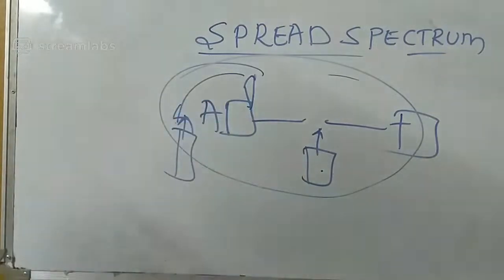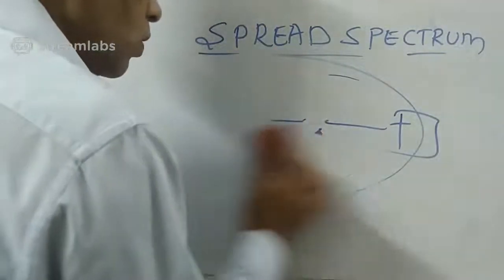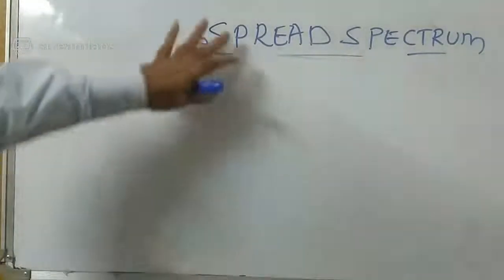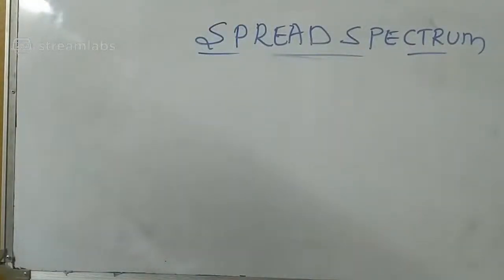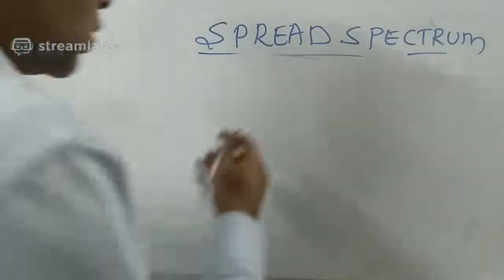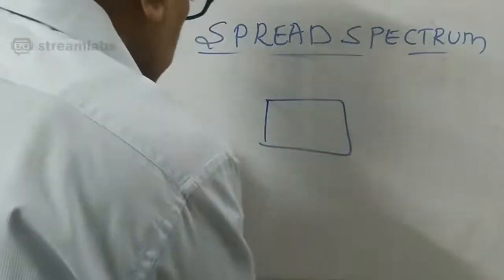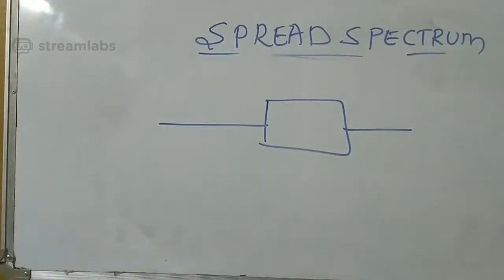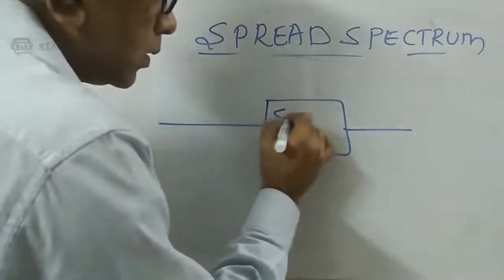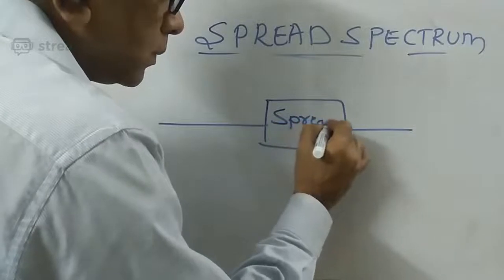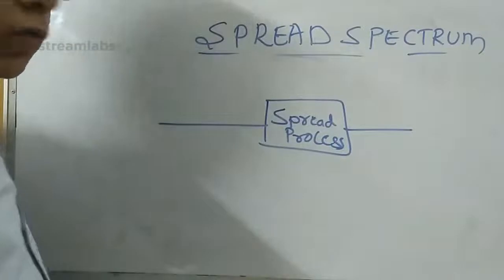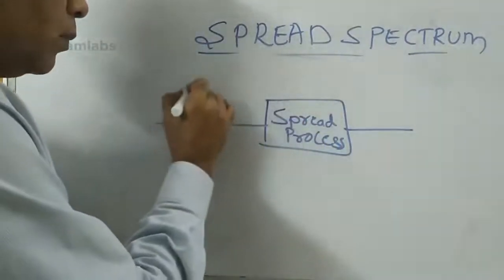To avoid these types of things, or to block these types of activities, we use a technique known as the spread spectrum technique. In short, we are going to have something known as the spreading process, which is going to spread the bandwidth of the input.